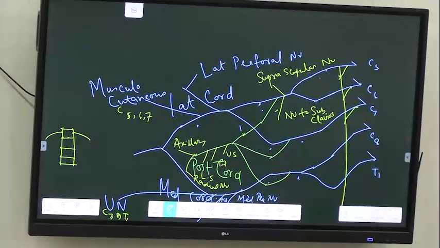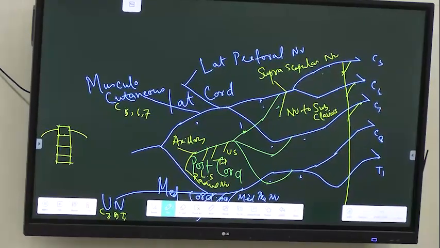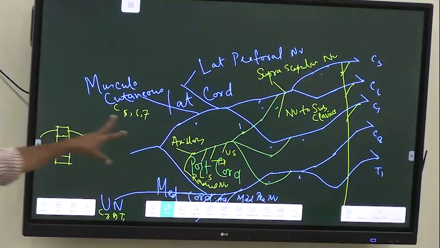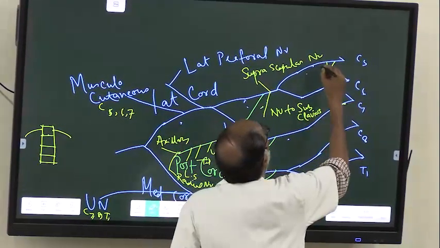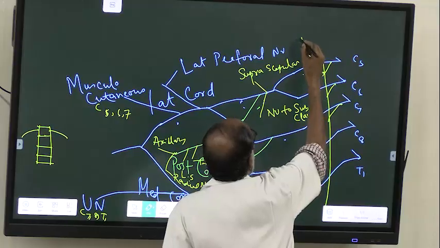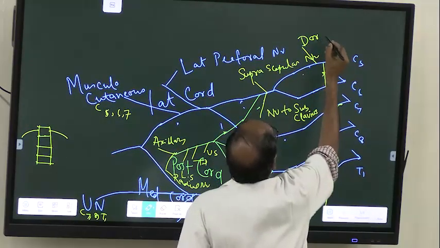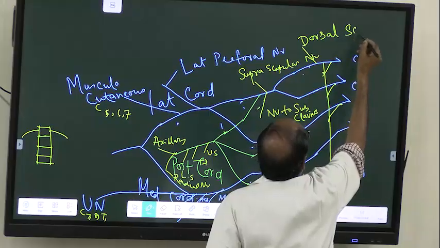Right. Another nerve comes out from the C5 root, that is dorsal scapular nerve.